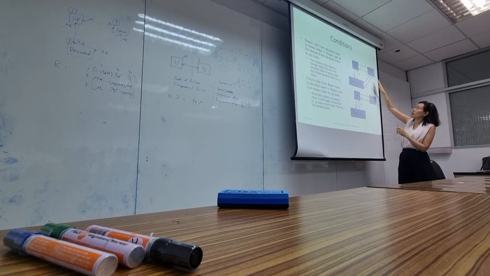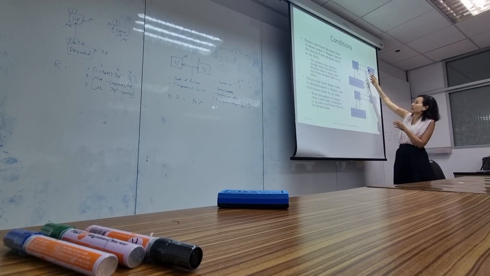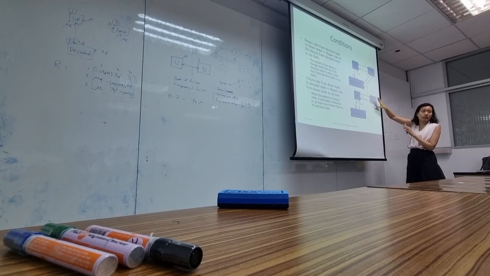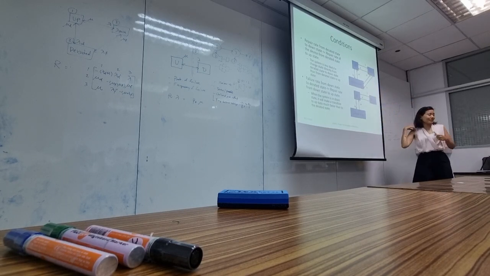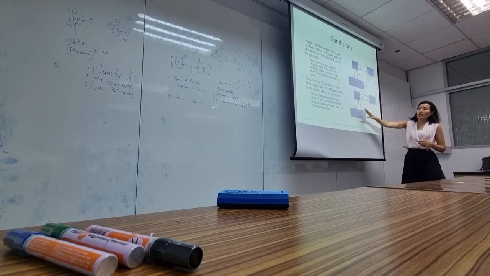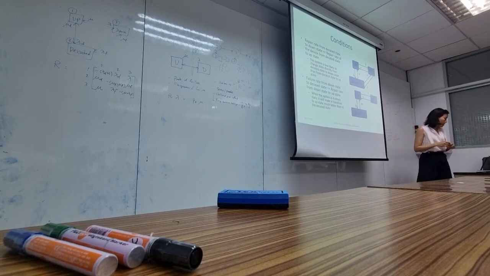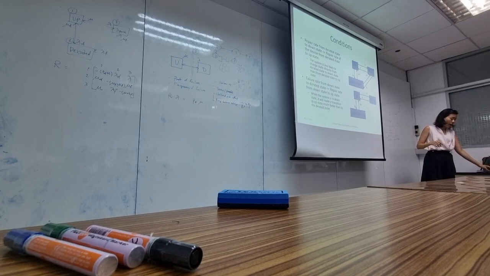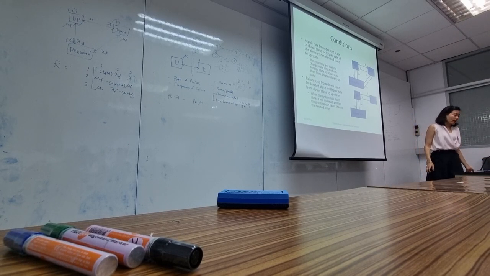And the same, when you're right here and you don't make this transition as often as compared to this, then you can simplify it. So that is how to look at the conditions on how we can simplify the transition rate diagram.